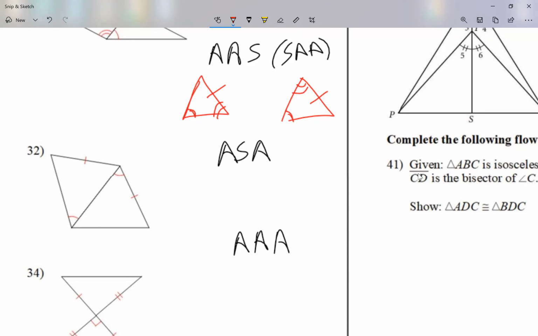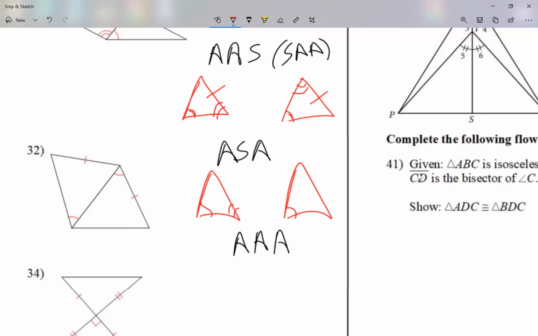Now, angle side angle, you're like, this one looks very similar. Yeah, this one has 2 angles. But in this case, the S is in between the A's. So the side is in between the angles. In this case, your slash on the side will be right in between the angles. So in one triangle, I'll do this, and the other triangle, I'll do this.